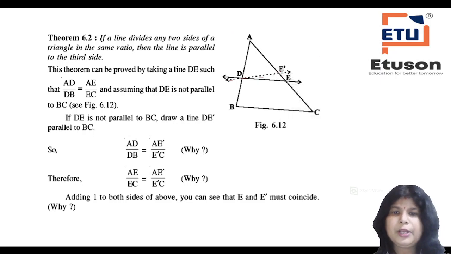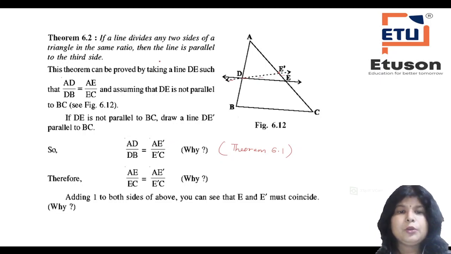So now AD by DB is equal to AE dash by E dash C. Why? According to theorem 6.1, basic proportionality, correct or not? So AD by DB is equal to AE dash by E dash C, basic proportionality.